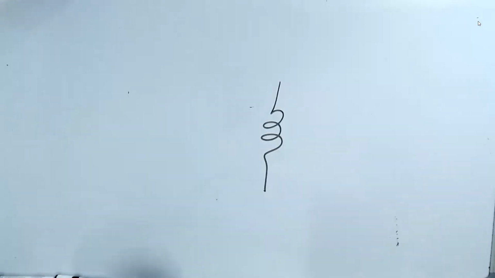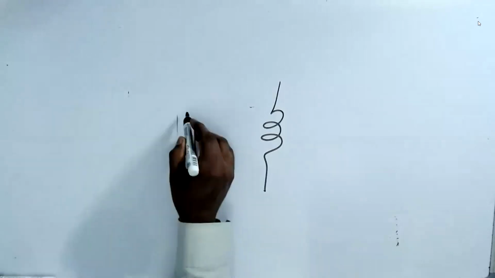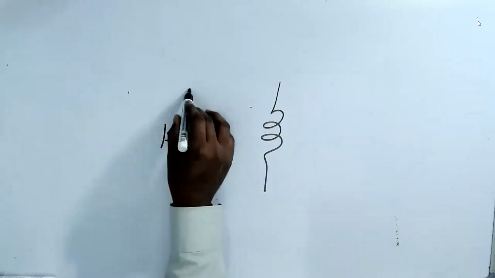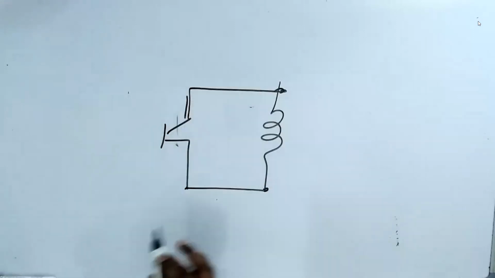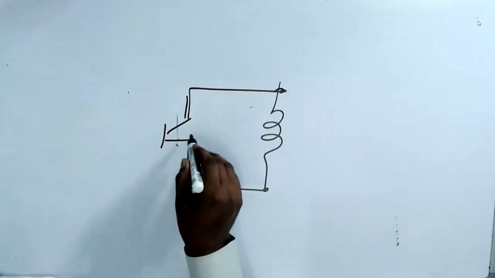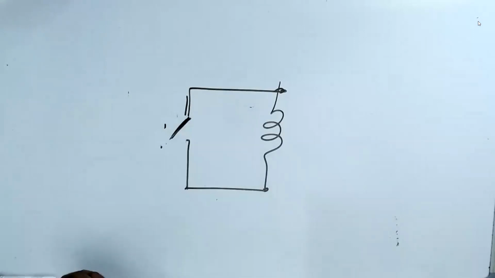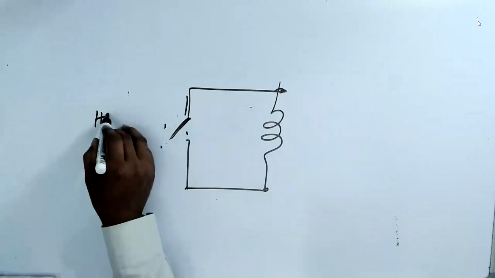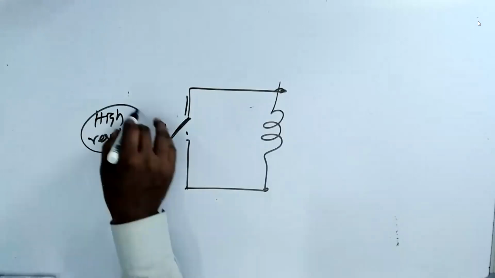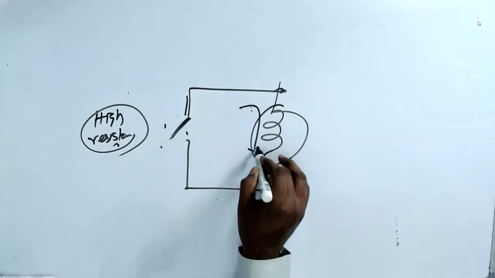Because of that, I have a transistor here. I make the switch off. When I make the switch off here, it gives high resistance. But the current through the inductor does not change.